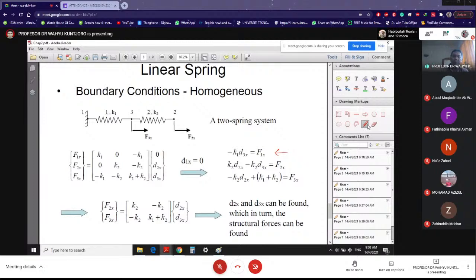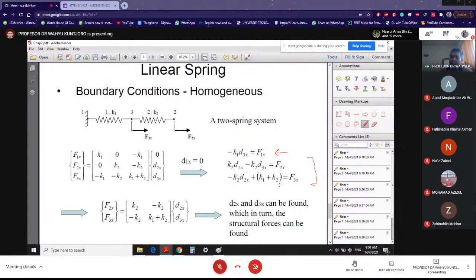That means you cannot solve it because there is D3x on the left that you do not know, and there is F1x on the right that you do not know. That means you cannot solve this equation. So you remain only with these two equations. If we look at equations number 2 and 3, then we can solve it.